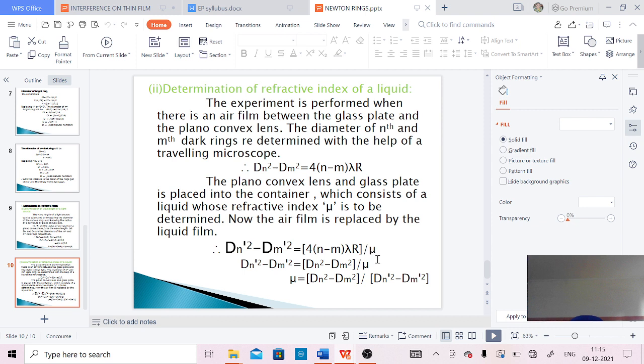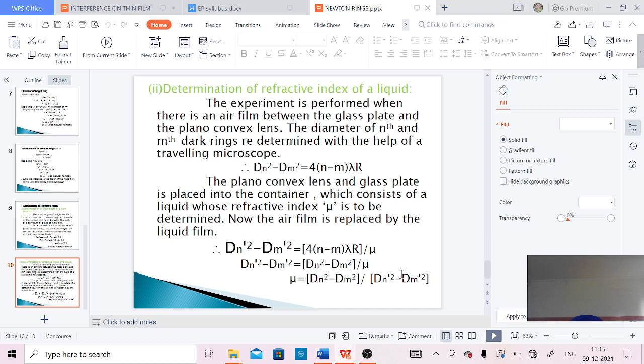Here we have the medium also, so 4(n minus m) lambda r is replaced by dn square minus dm square. Now mu equals dn square minus dm square divided by dn dash square minus dm dash square.